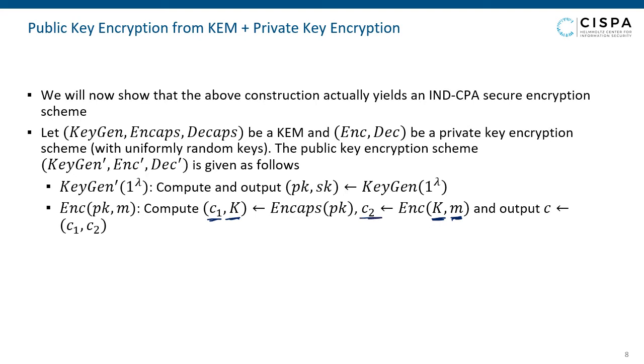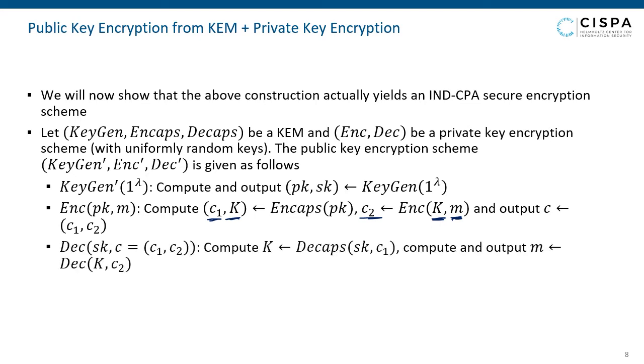And the final ciphertext c is just the pair c1, c2. To decrypt such a ciphertext, first we decapsulate the key k using the Decaps algorithm on c1, and then we compute and output the message m by just decrypting c2 using the key k.